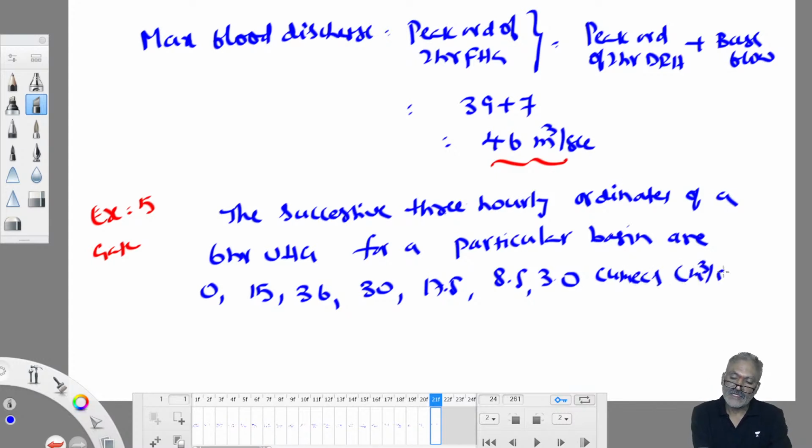Cumecs means meter cube per second. The flood peak observed due to a 6-hour storm is 150 cubic.